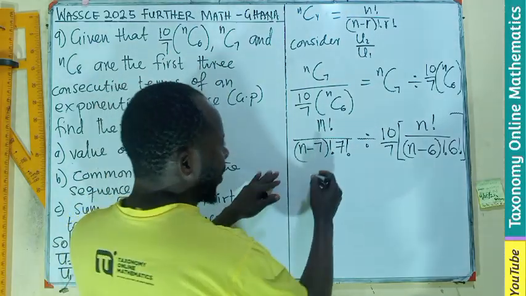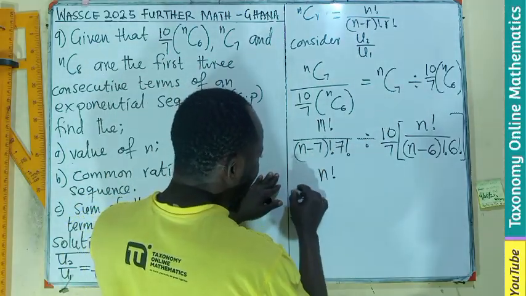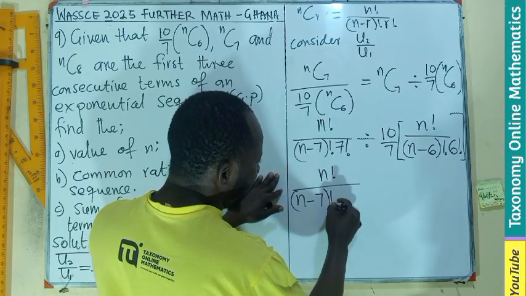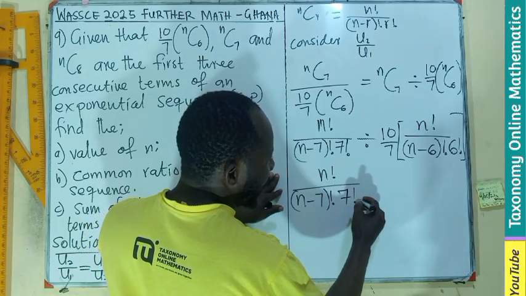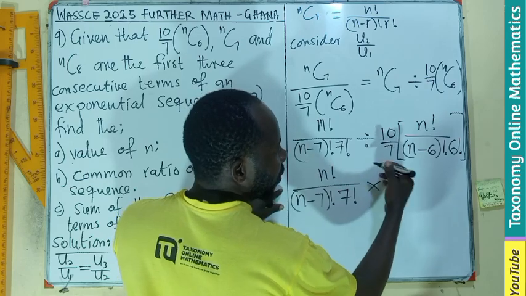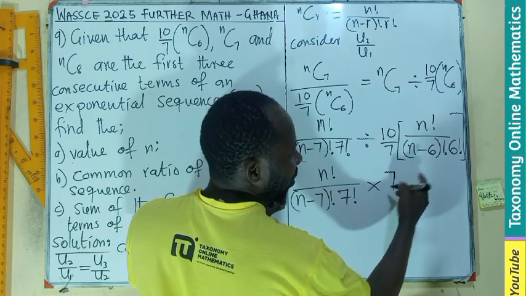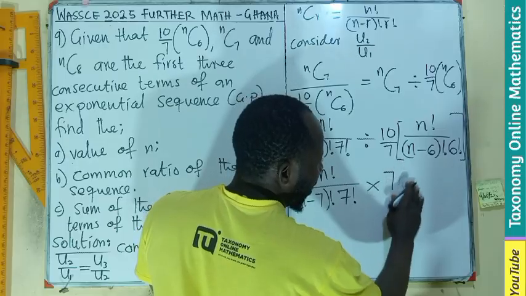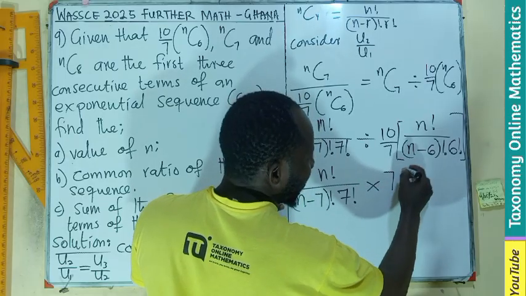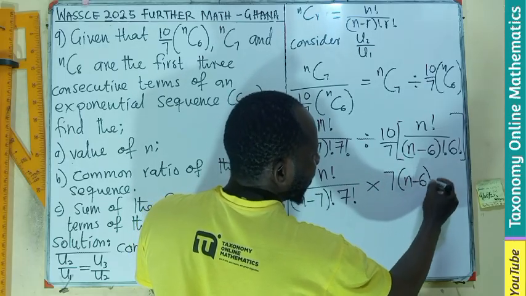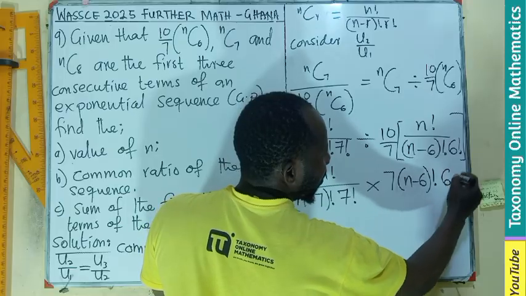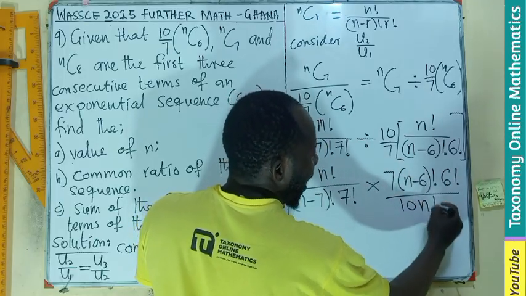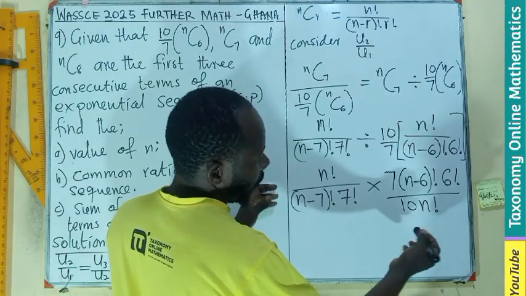So let's still maintain our n factorial, (n minus 7) factorial, 7 factorial, now times (n minus 6) factorial, 6 factorial, then 10 and 7 factorial.